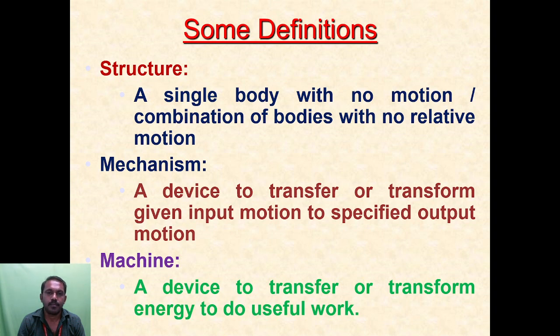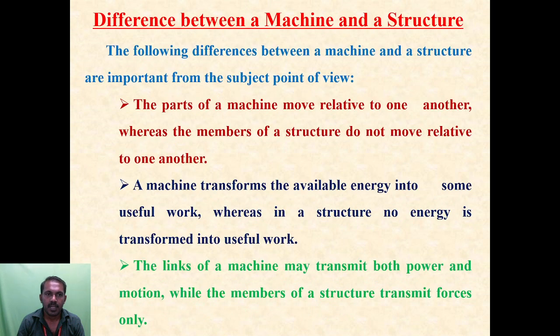A mechanism is a device to transfer or transform a given input motion to a specific output motion. A machine is a device to transfer or transform energy to do useful work. So a structure is at rest, a mechanism is a transfer of motion, and a machine does useful work. They are called structure, mechanism and machine.